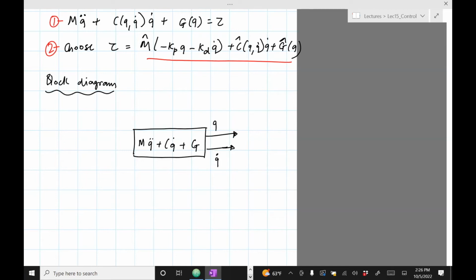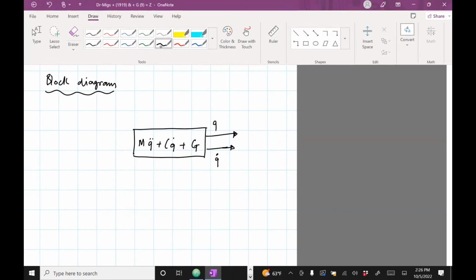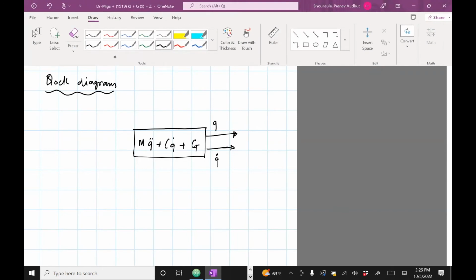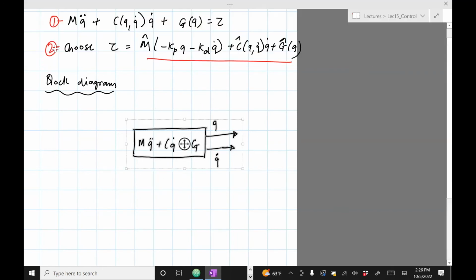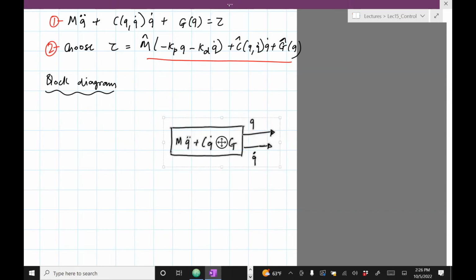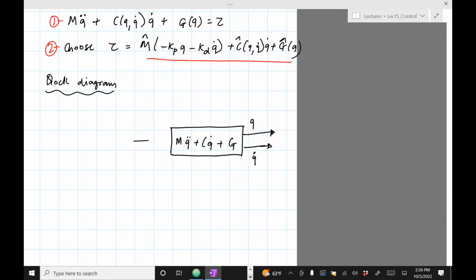So why would this spring out? It's because you have a sensor on the manipulator which is measuring Q and Q dot, and that's why it's an output. Now this will have an input. That input would be just one thing, which is the torque. So the input is torque.